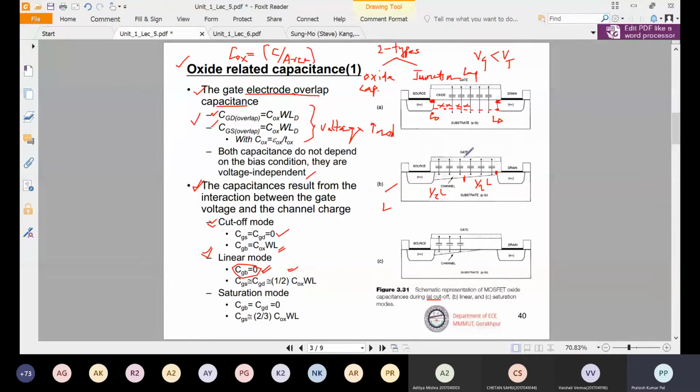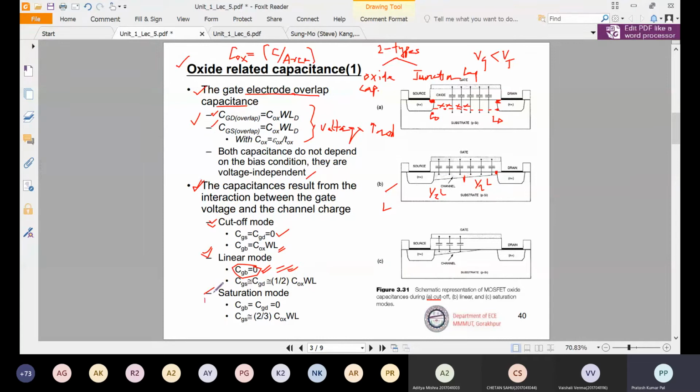There will be gate to channel capacitance, because this is the conducting region made after the oxide, that is the channel region. So gate to channel capacitance will be given. This gate to channel capacitance is further divided into two types, source and drain. So gate to source and gate to drain capacitances will be given, and gate to body capacitance will not be there, because of the channel formation.